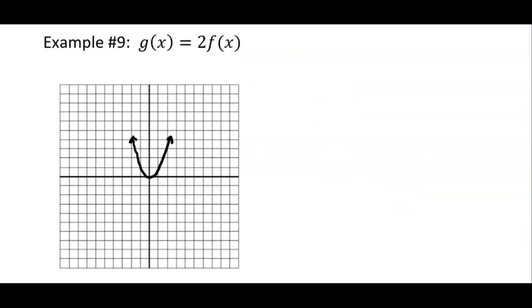All right, so now we're going to have 2 in front of the function, and so the 2 is greater than 1, so this is going to be a stretch, a vertical stretch. And you can plug in values and do that, but when we used to put in -2 and got 4, now we're going to put in -2 and get 8. When we put in -1, we got 1, now we're going to get 2. 0 is going to stay at 0.